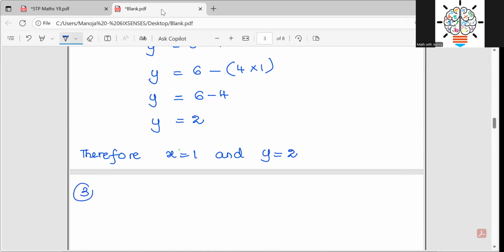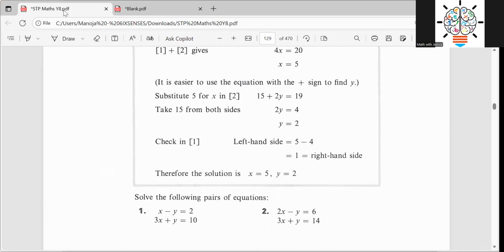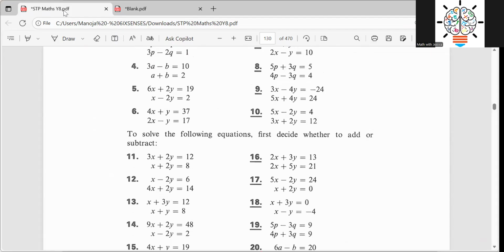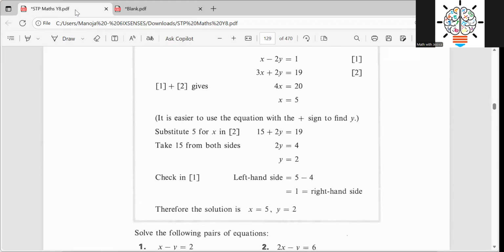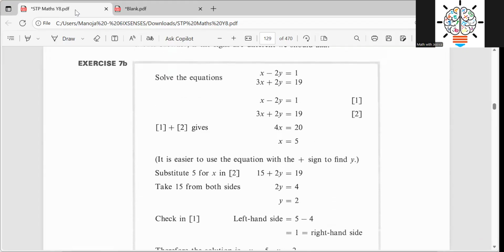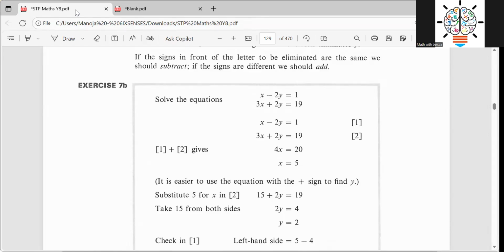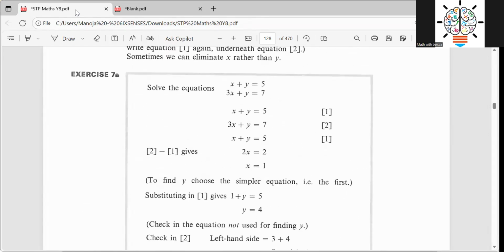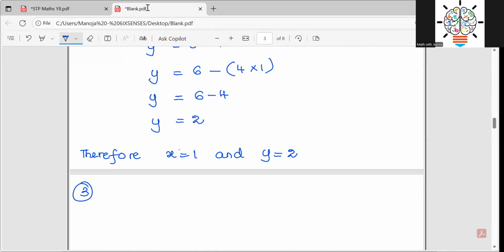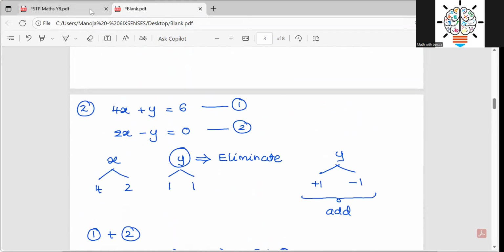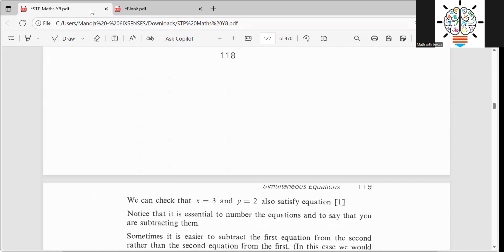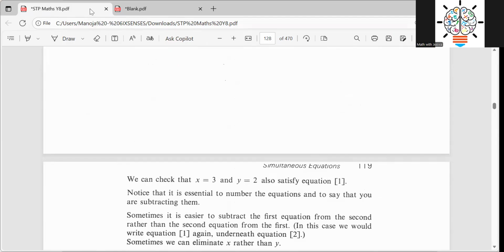Then the third example type, I will give you something like this. Elimination method.